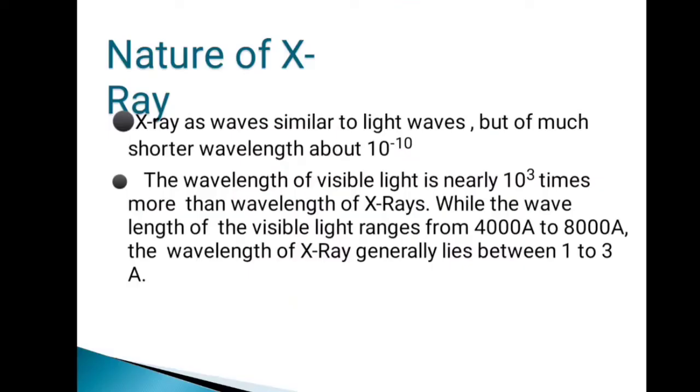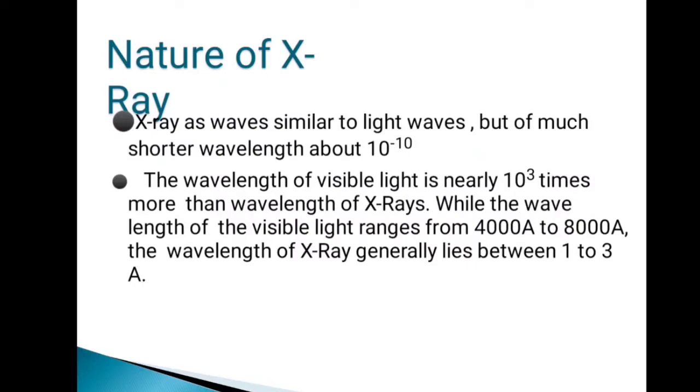Okay, let's go into the nature of X-rays. X-rays are very similar to light waves, but have a much shorter wavelength than light waves, about 10 power minus 10. The wavelength of visible light is nearly 10 power 3 times higher than the wavelength of X-rays.